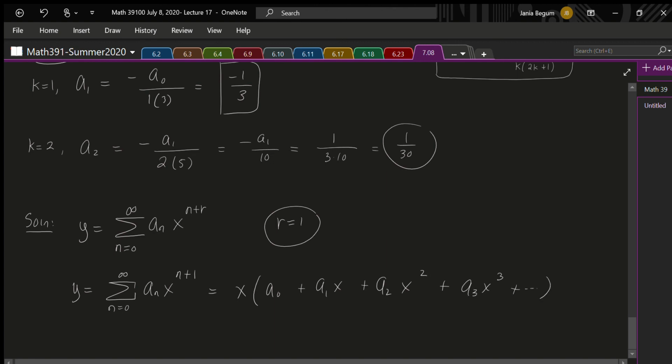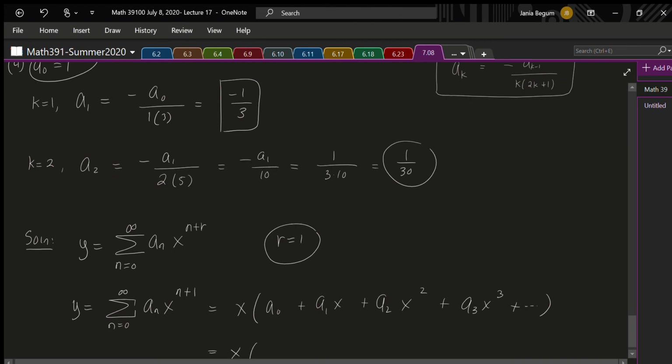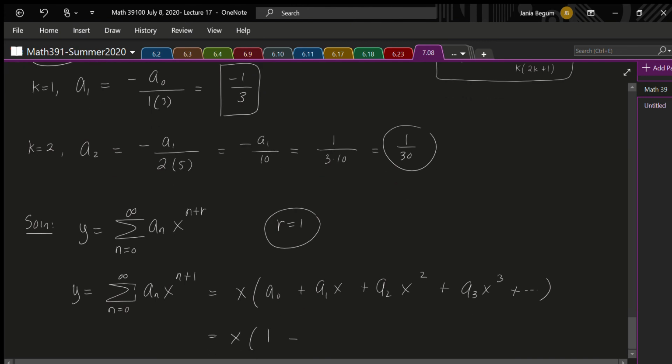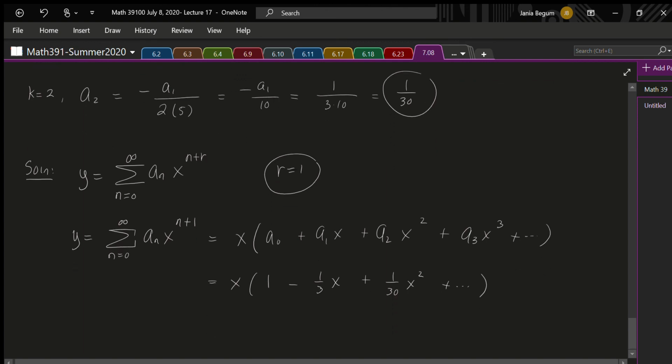We just need 3, so that's okay. So this would come out to be x times a0, that's 1, minus 1/3 x plus 1 over 30 x squared and so on. So that's the power series solution corresponding to the larger root.